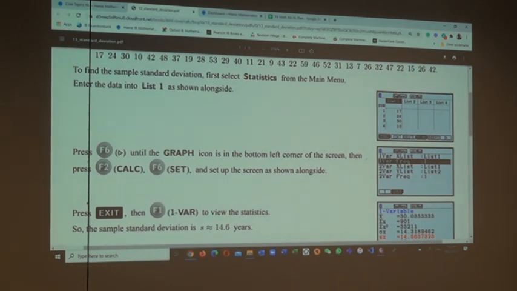It's the same function that you used initially. You see your mean will be shown, the summation of all the data will be shown, sigma x squared will be shown. Sigma x squared will be used later, I will tell you in the next topic, which is regression and correlation analysis.